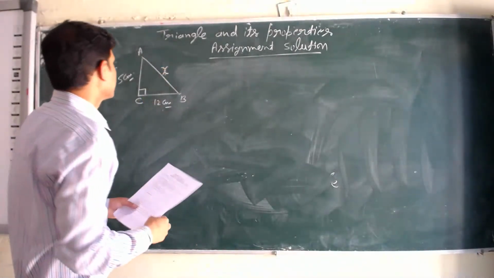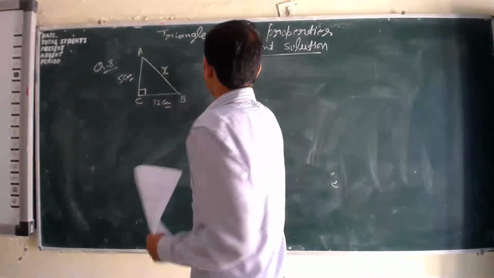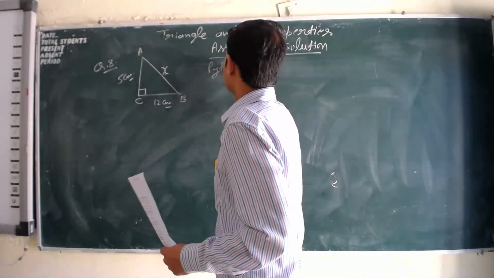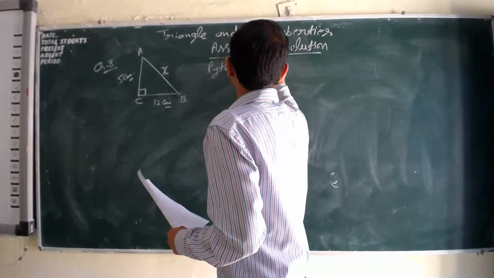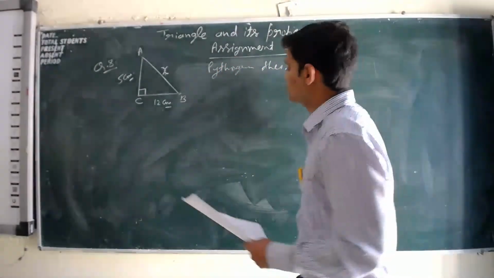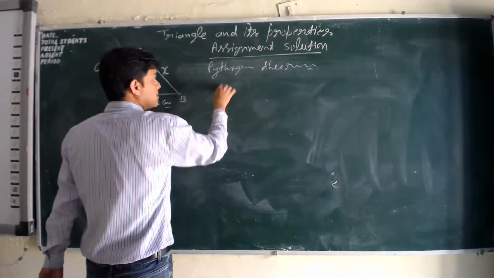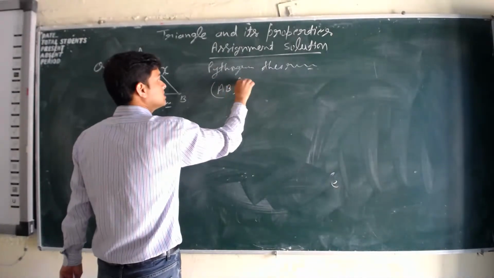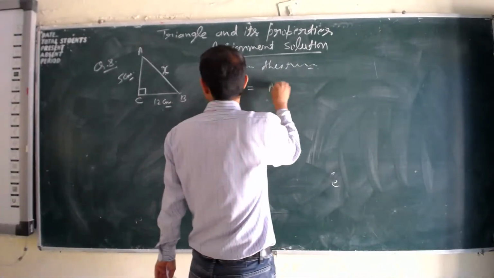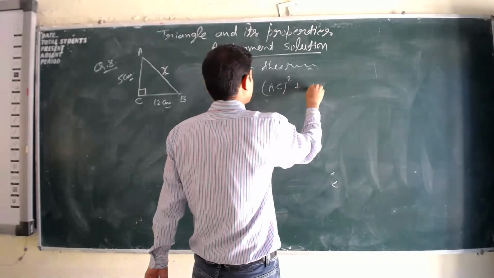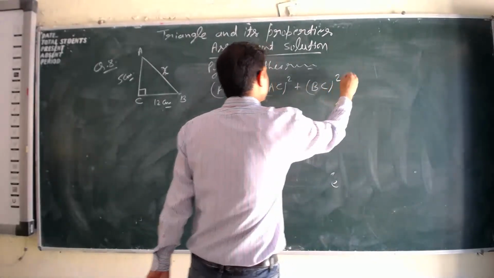Now, according to Pythagoras theorem, AB square, hypotenuse square, should be equal to the sum of the squares of the other 2 sides.